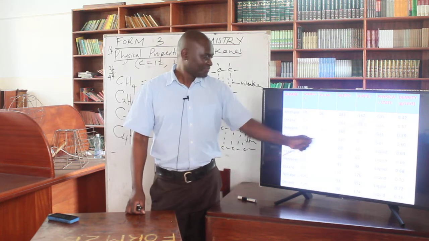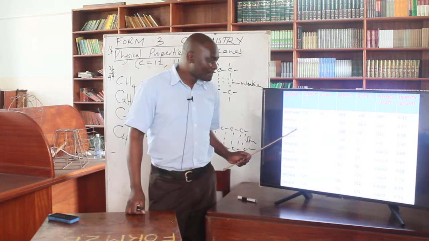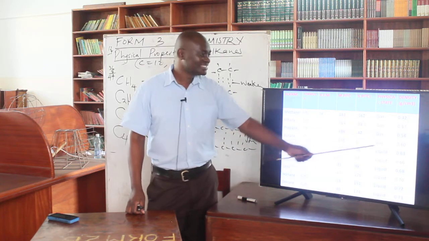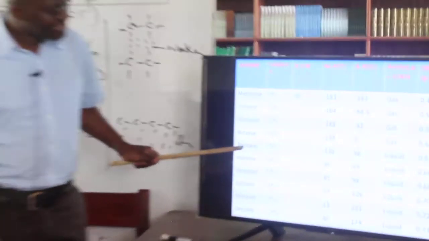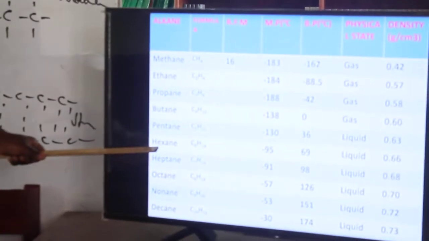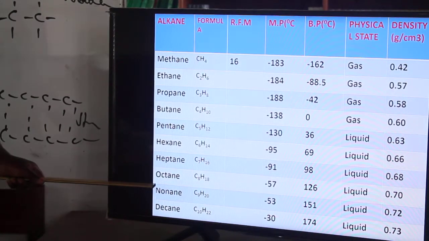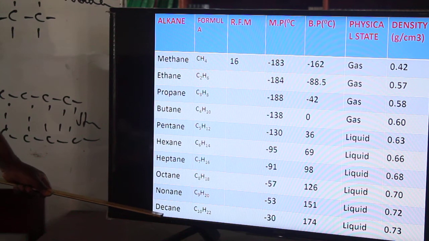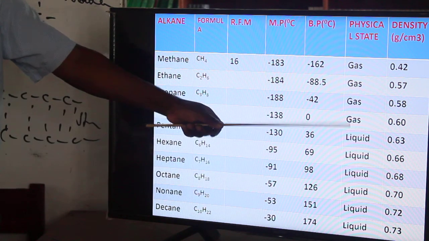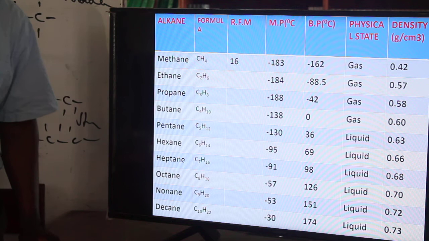Methane is a gas, ethane is a gas, propane is a gas, butane is a gas. Pentane, hexane, heptane, octane, nonane, decane, all these are liquids. So why is that variation?